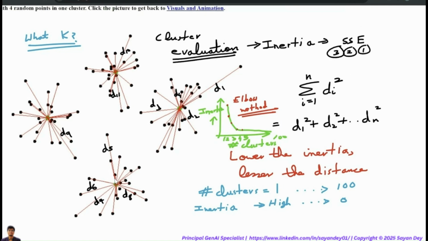So that's what we are doing here, trying to create 4 clusters. But what if I create 1 cluster? What will happen if I try to create a single cluster out of the whole data?